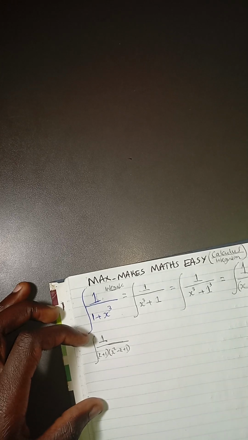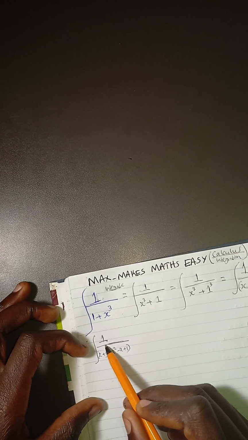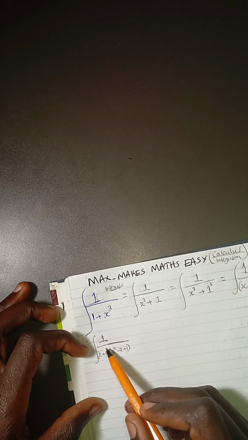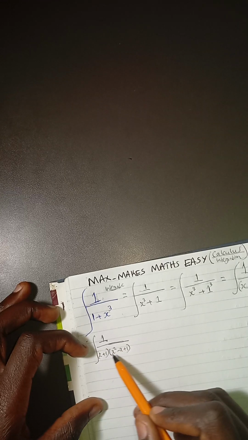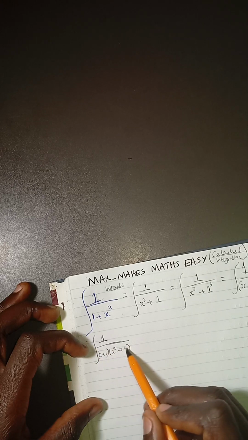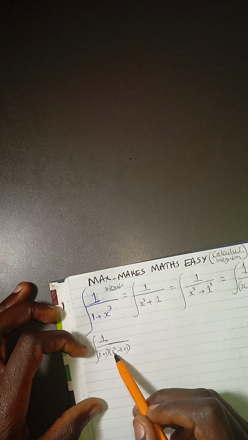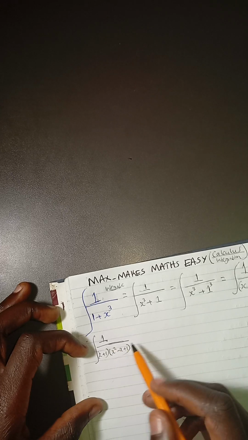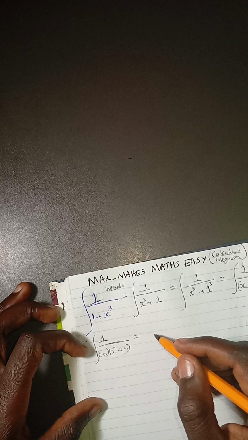So let's continue. Remember, if I want to do this integration, this integration can be done because this is an irreducible quadratic over here. And what did we say about an irreducible quadratic?